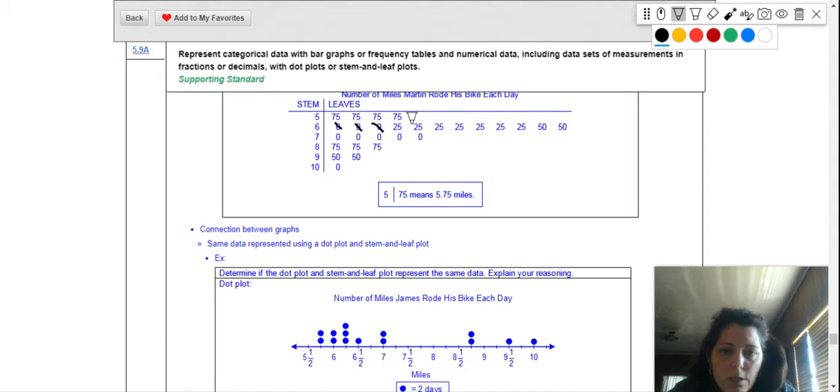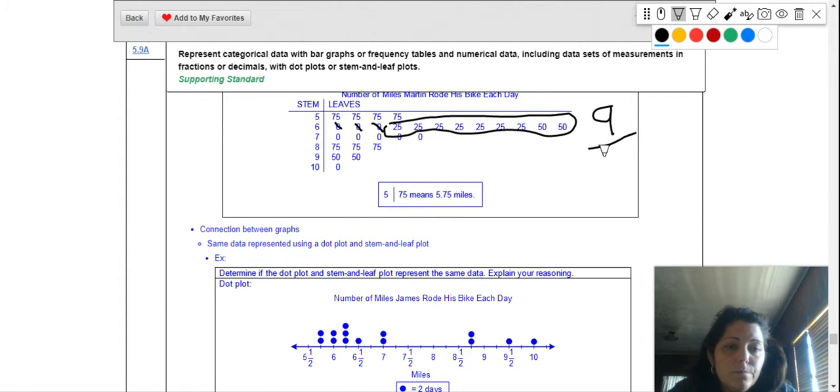So that's 1, 2, 3, 4, 5, 6, 7, 8, 9 times, but we wanted less than 7. Well, here's 7. So that's this information I'm circling, and that happened 9 times out of the total, 27. So the fraction of days he rode more than 6 miles but less than 7 is 9/27.